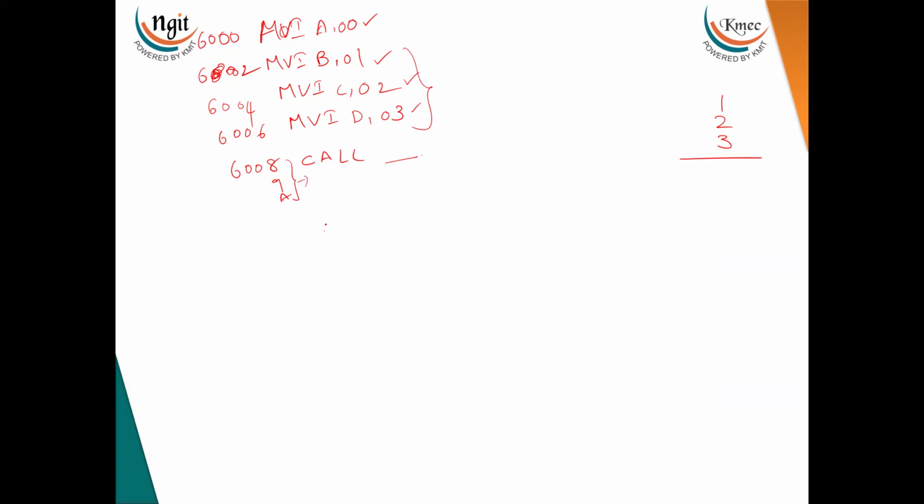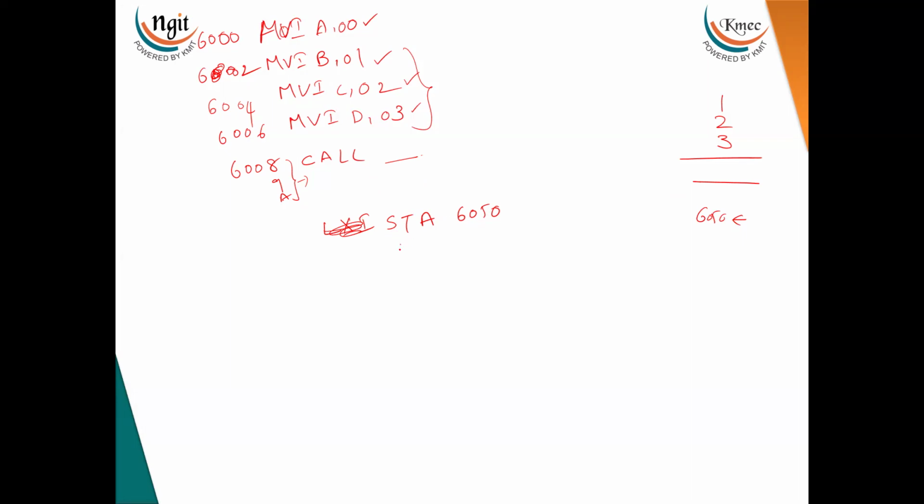And after that, the result is in the accumulator. So STA, and wherever I wanted to store. Now if I wanted to store the result at 6050, after getting the result I wanted to store this result into this location.